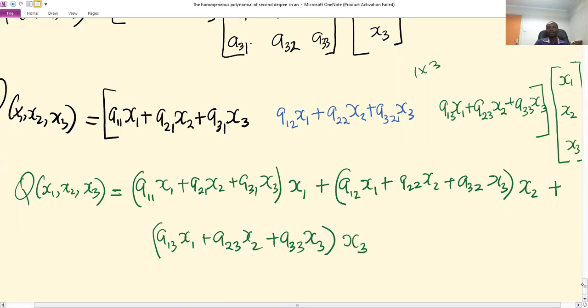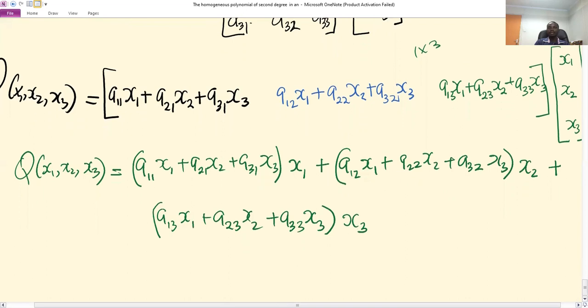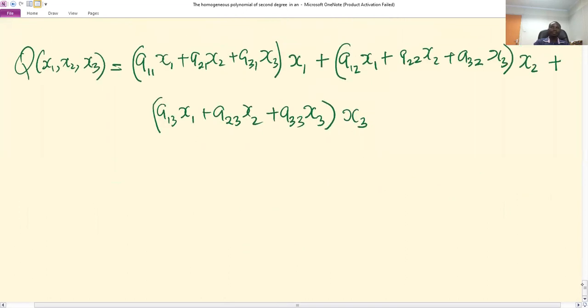So the next thing is that now to simplify this. So we have Q of x1, x2, x3 will be now a11 x1 squared.